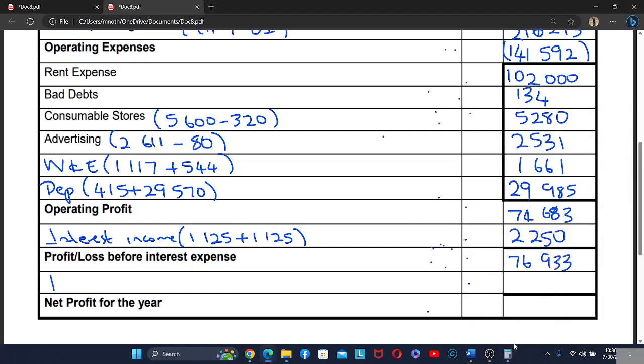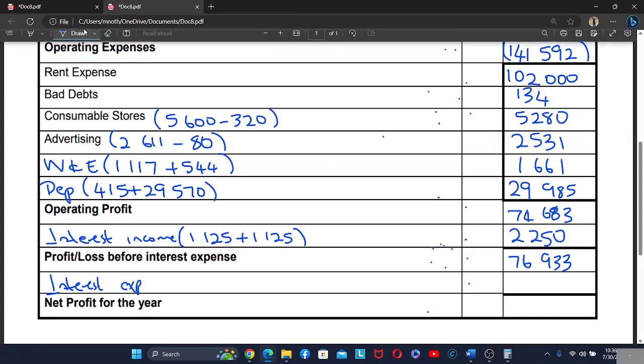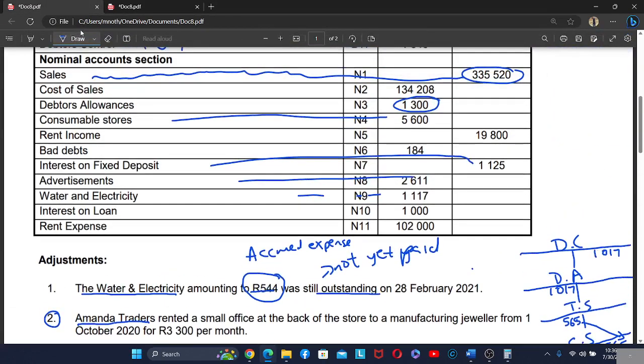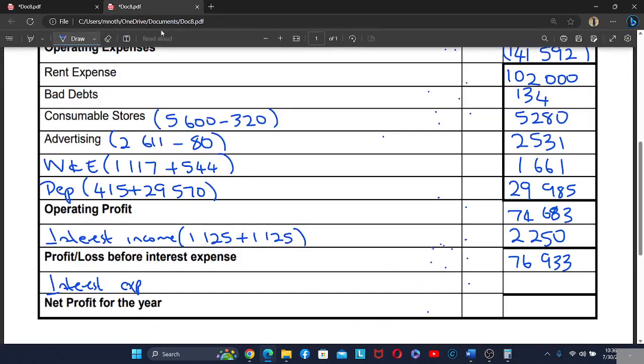Then we are going to have the interest expense. So how much is the interest expense? Interest on loan, it's 1,000 rand. So we must subtract the interest expense, which is 1,000 rand. Then we're going to get 75,933.